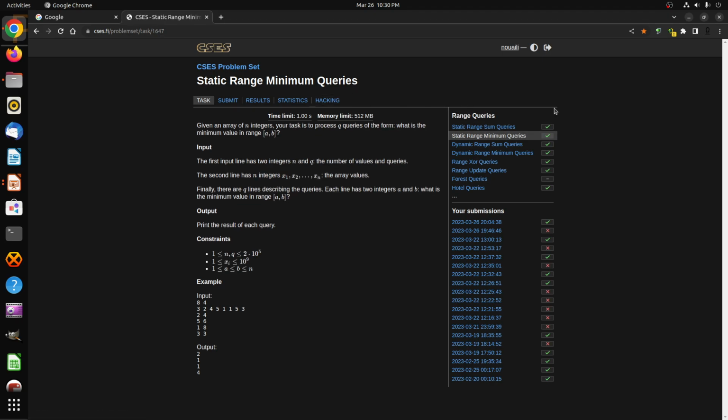Static array minimum queries. Now let's recall together the problem statement. Given an array of integers, the task is to process Q queries of the form: what's the minimum value in range AB? So at first we are given the size of the original array, the number of queries, the values of that array, and we have to find the minimum in range AB.